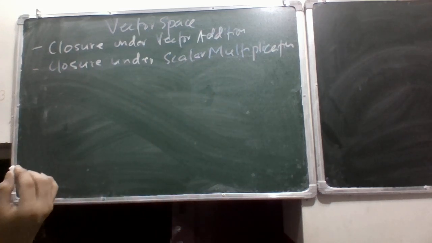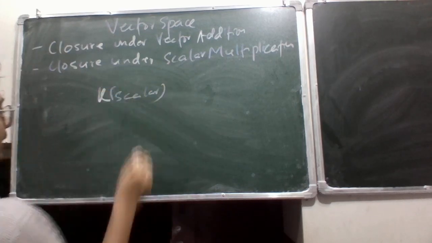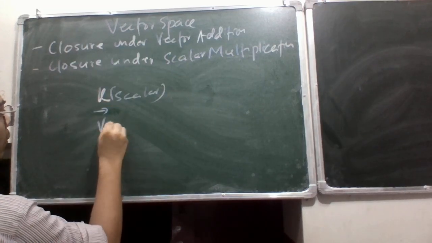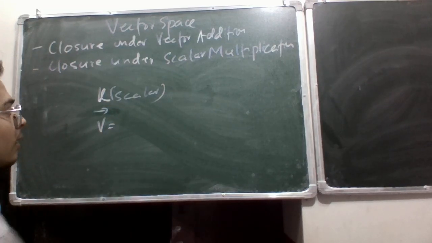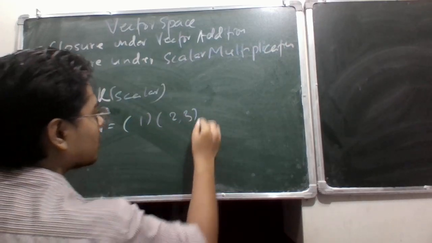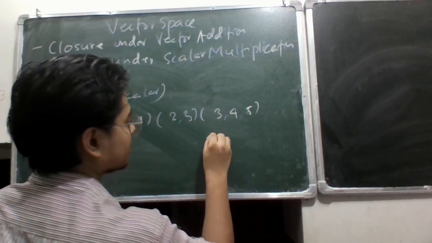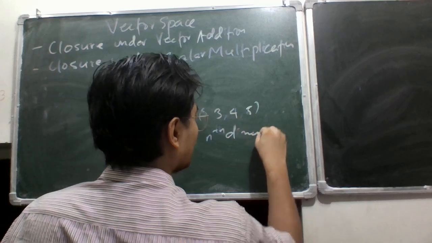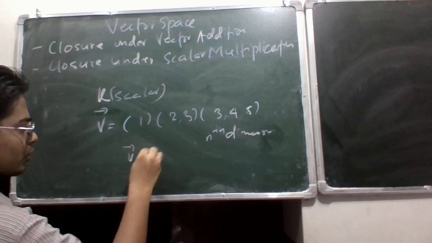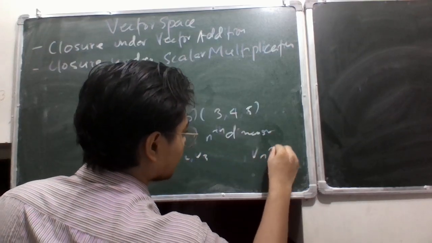Let's suppose k is a scalar, and let's suppose we have a vector. A vector can be one-dimensional, two-dimensional, three-dimensional, or four or five or nth dimensional. Let's suppose an nth dimensional vector. Let's suppose V goes from V1, V2, V3 all the way to Vn.